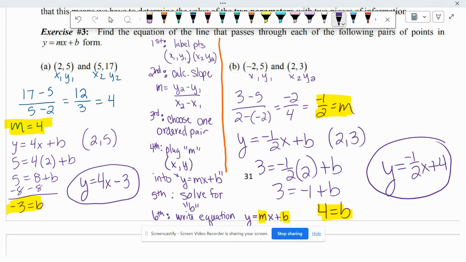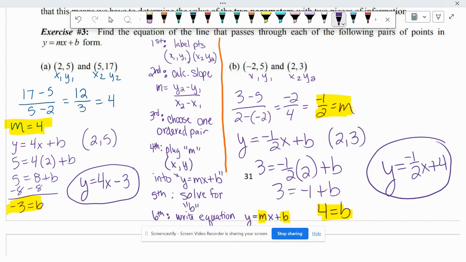Your slope is correct. Pick one of your ordered pairs, plug it into your equation with your slope, one of your ordered pairs for x and y. So your slope is correct. What's your y-intercept? What's your b? Okay, so get rid of those.